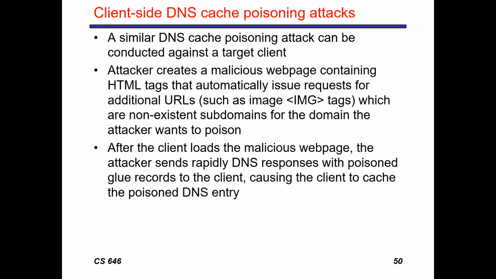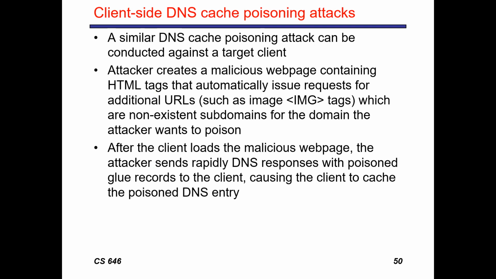And when the client loads the malicious website, DNS queries will be made for the references to those non-existent URLs. Because they don't exist, the actual authoritative name server will not reply.